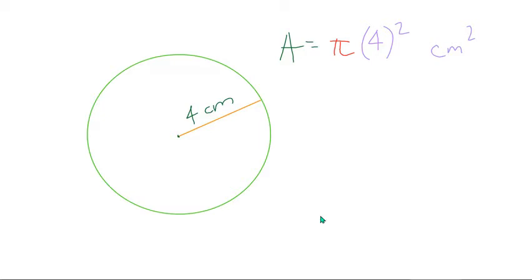Well, this just means that the area of the circle is equal to 16 pi centimeters squared.